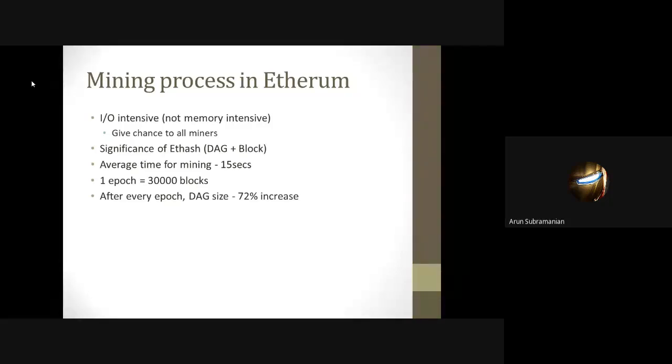However much compute you invest, you can't overcome them, because they have farms and farms, acres and acres of compute associated with them. If they come and join the network, you cannot win. So it's not a win-win situation, it's a win-only situation for them. That's why these kinds of processes were introduced.